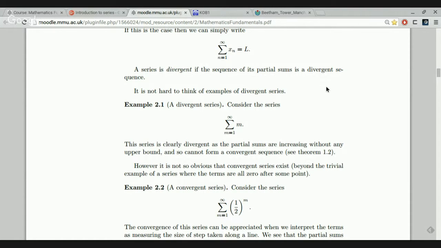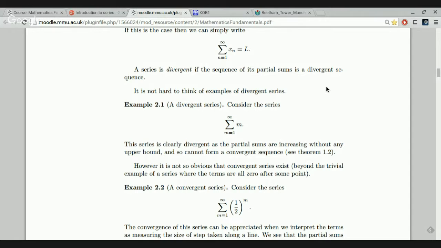So here's a nice infinite series, adding up the powers of a half. So you're adding up 1/2 plus the square of a half, plus the cube of a half, plus the 4th power of a half, plus the 5th power of a half. Can you ask yourself what that is equal to?